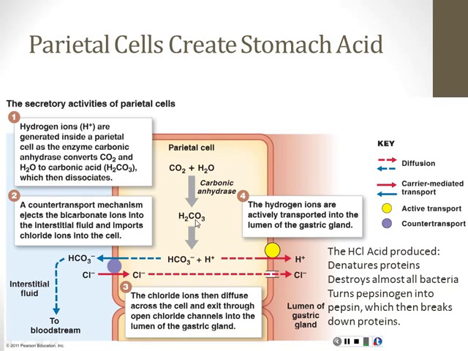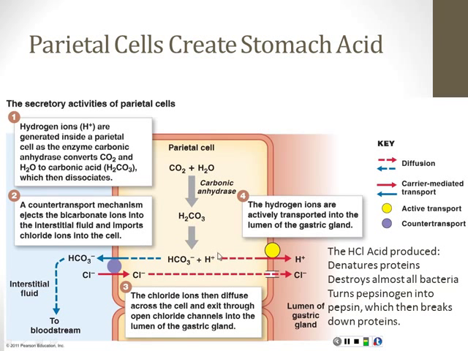This should look familiar because it's exactly what we talked about with the respiratory system. But here, we're going to drive that equation towards bicarbonate, HCO3-, and H+, and here's where the neat trick comes along. We're going to send these two ions in different directions. We're going to pump the proton into the lumen of the stomach, and we're going to pump the bicarbonate into the bloodstream.